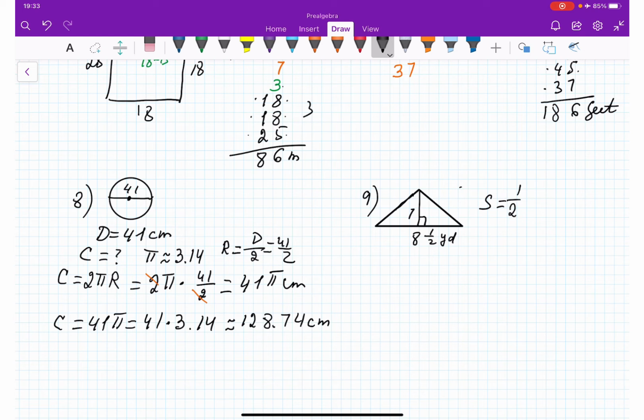Let's say this side is our B, and this is our H, height. 1/2 B times H. Since it's a formula, let me change the color. Okay, so from here, S is equal to 1/2 times 7 times 8.5.